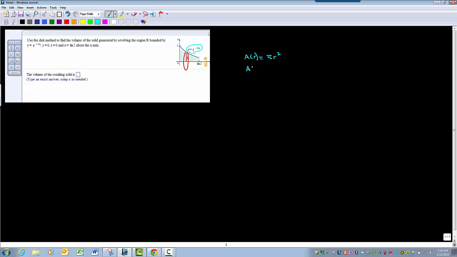So what we have is the area, instead of using r, the area as a function of the function x is equal to this. So this is the area of a cross section of the figure formed by rotating around.